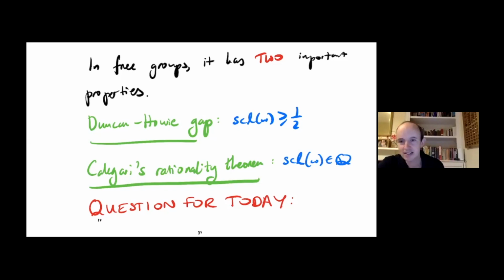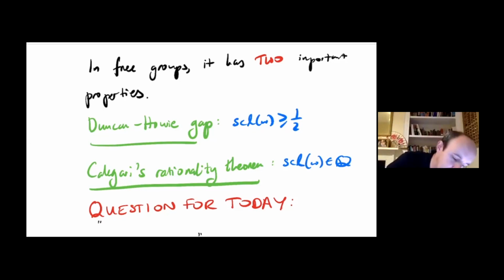But it turns out it is always a rational number, or of course, from what I said before, it's also allowed to be infinity, right? So if your element W isn't in the commutator subgroup, then this number is infinite. But anyway, it's always rational or infinite. Okay. So that's the stable commutator length.